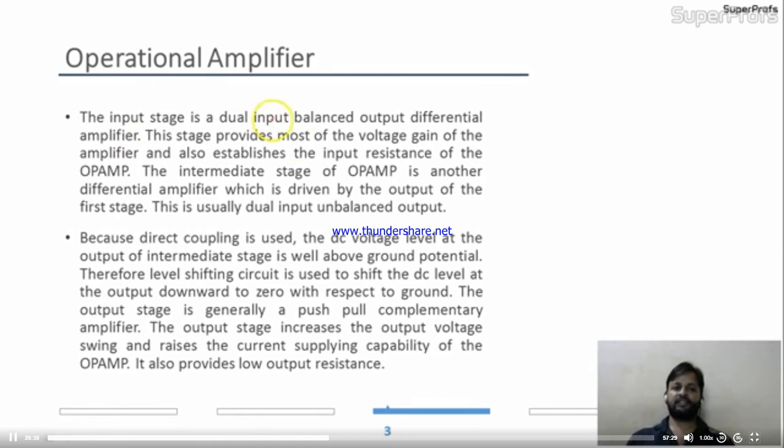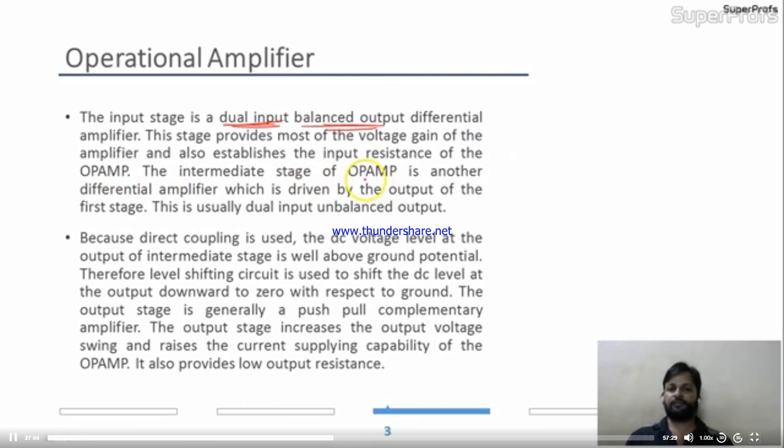The input stage is a dual input balanced output differential amplifier. It is dual input because we are applying two inputs, and balanced output. This stage provides most of the voltage gain of the amplifier and also establishes the input resistance of the Opamp. Yes, Opamp input resistance will be very high.